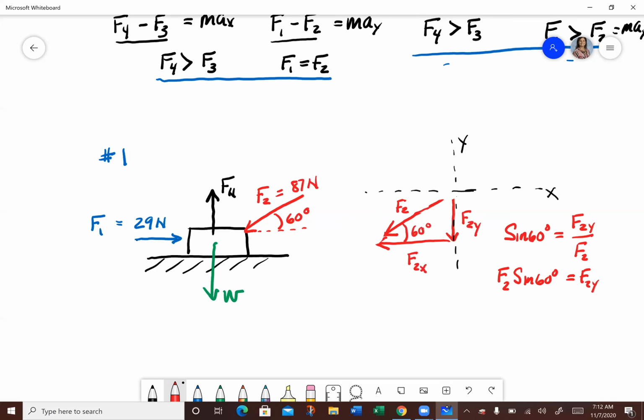That simply comes from SOHCAHTOA, right? F2x is on the adjacent side, and the hypotenuse is F2. So the adjacent side goes with the cosine of the angle: cosine is adjacent F2x divided by the hypotenuse. So F2 times the cosine of 60 degrees is equal to F2x.